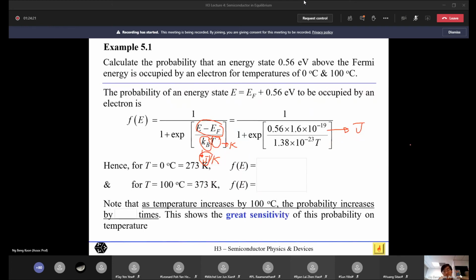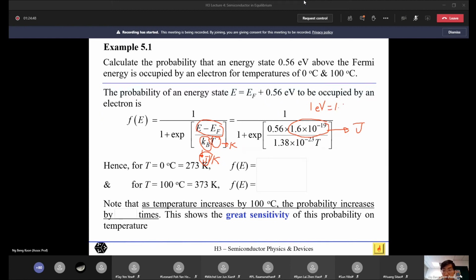Okay, so whenever you do calculations, especially in the equations that we are using in this course, you have to pay attention to the units to make sure that you're using compatible units. Okay, so that's why here we have to multiply by 1.6 times 10 to the power minus 19, because remember 1 eV is the energy that an electron gains in crossing a potential difference of 1 volt.